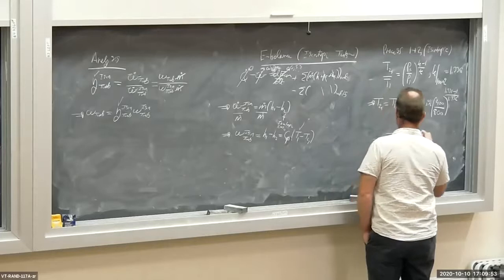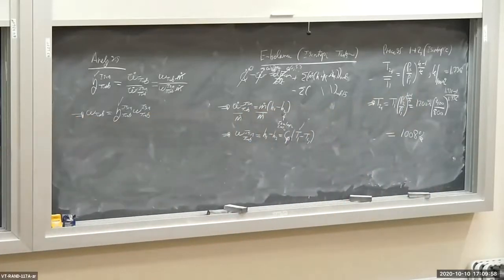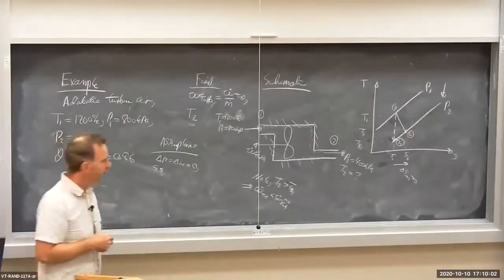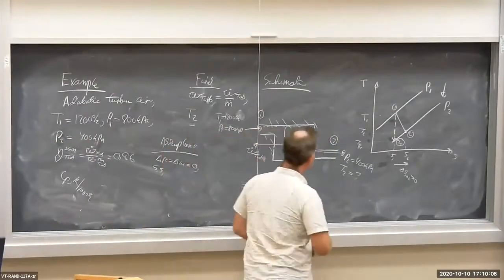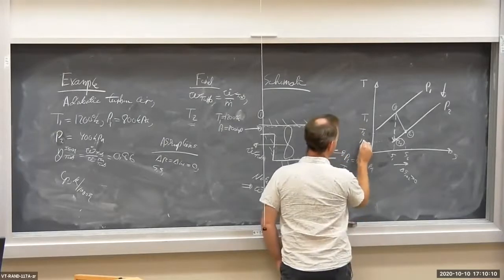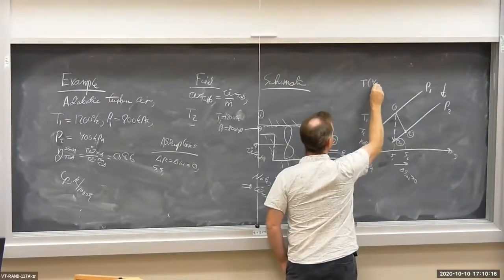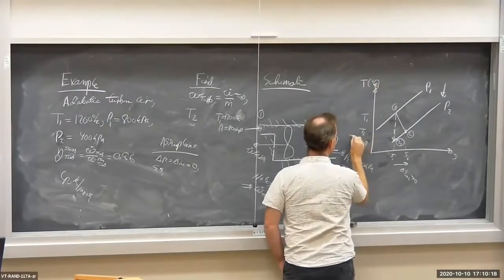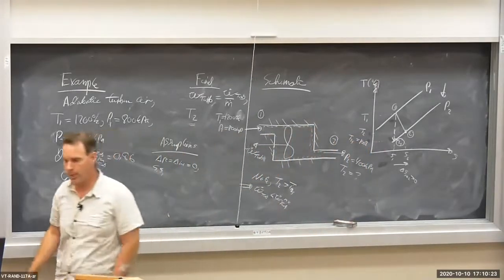1,008 degrees Kelvin. So let's go over here to my TS diagram, and I can put a temperature in here. So this is T2 sub S, 1,008 degrees Kelvin.